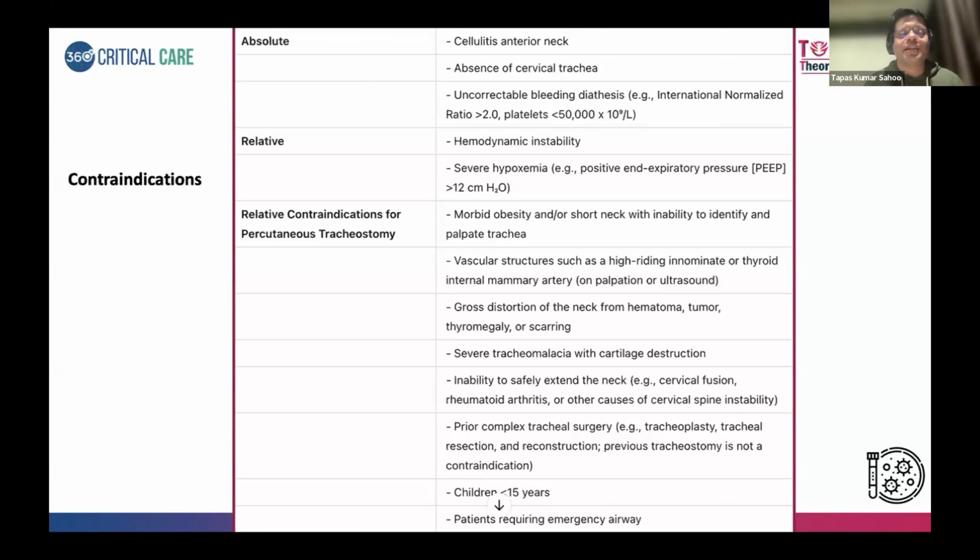Can anybody tell me why children are not supposed to go for percutaneous tracheostomy? Because it is so flexible. The trachea has not grown to the proper extent. So you will be trying to actually hinder the growth of the tracheal cartilages. So that's why if it is indicated, again, that has to be done in the proper open surgical method. And patients requiring emergency airway. Doing a percutaneous tracheostomy in an emergency, sometimes you will be losing the airway completely.